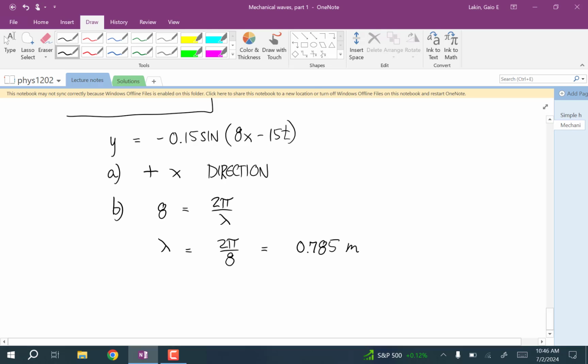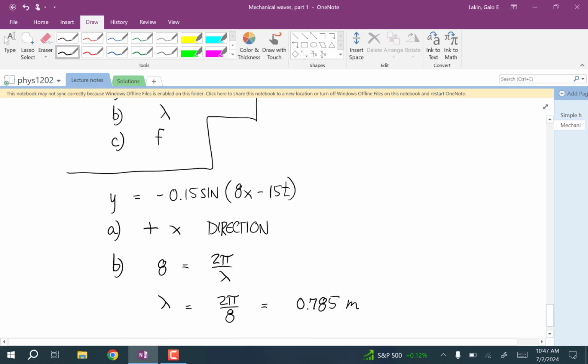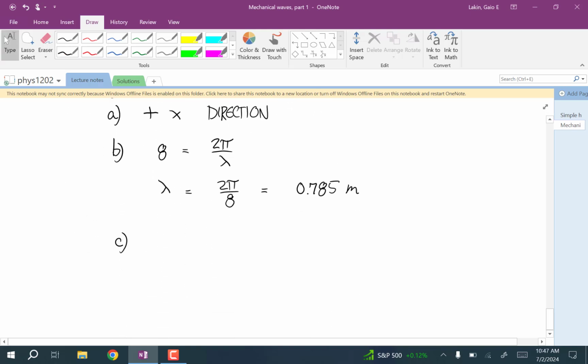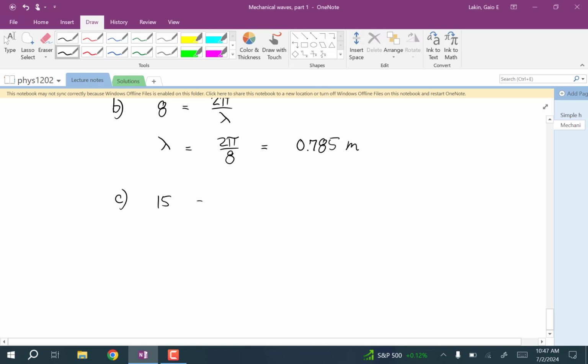Now we want to calculate the frequency, and we're going to really use the same thing. This time we're going to use the one with the t. So we know that 15 is equal to 2 pi v over lambda.